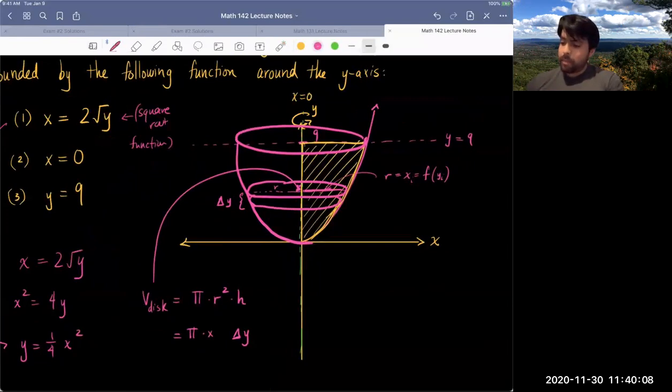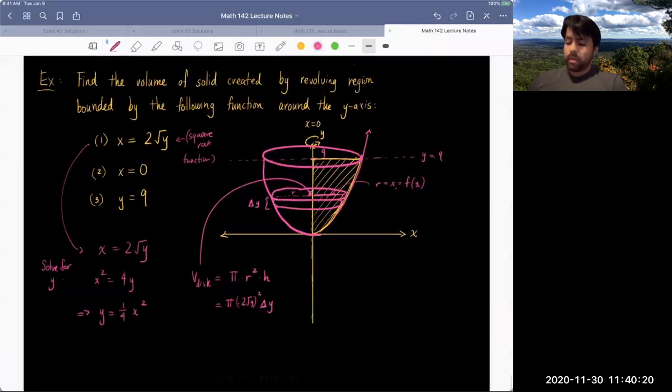So really what we have here is pi times 2 root y squared. That's the volume of one disk. But we're not going to just get one disk. We're going to get multiple disks, aren't we? If we stack them up, we would get the approximated volume.